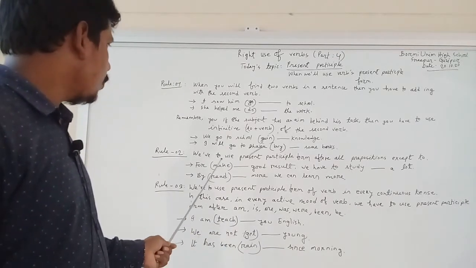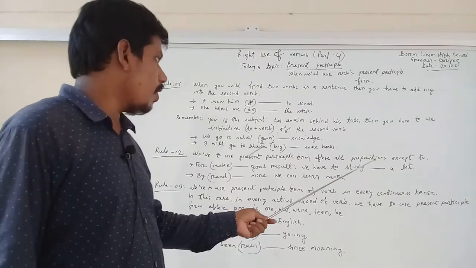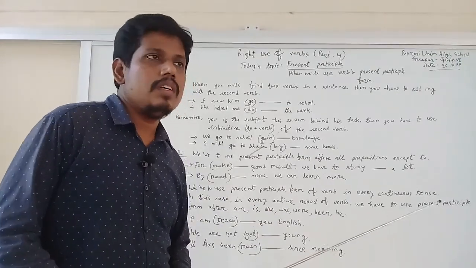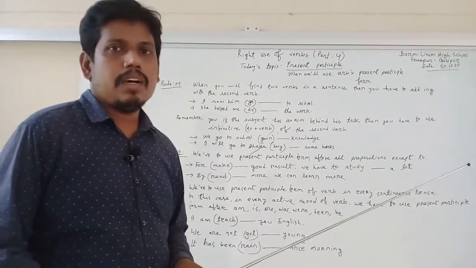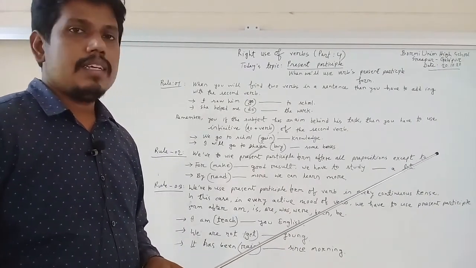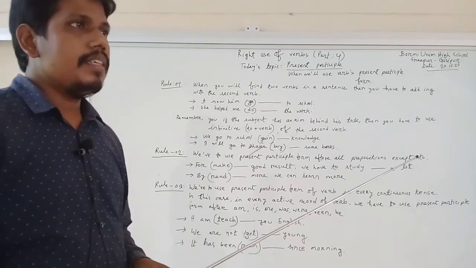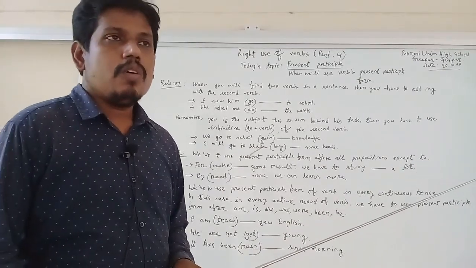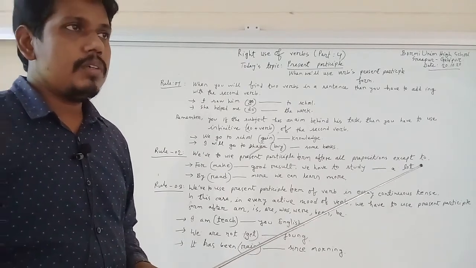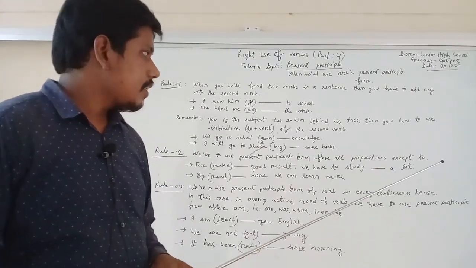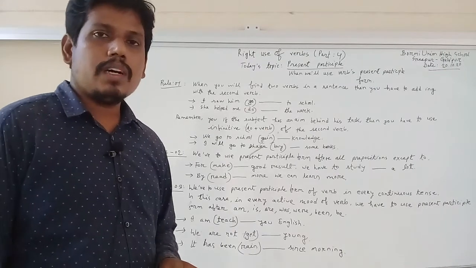Rule 2: we have to use present participle form after all prepositions except to. You know, after all prepositions we usually use verbs present participle form except to. And if I ask you what form of verb will be used after to, in our previous videos I discussed it, and after to you have to use verbs base form.